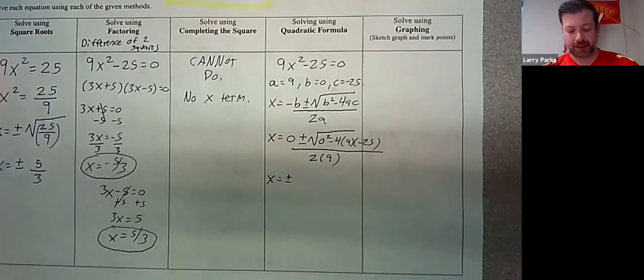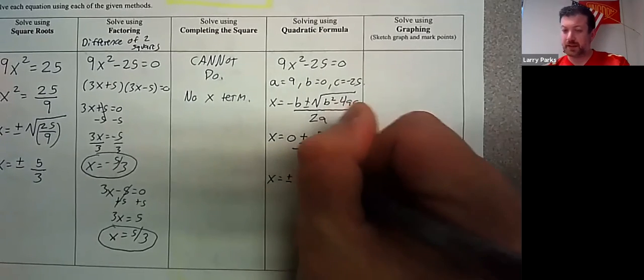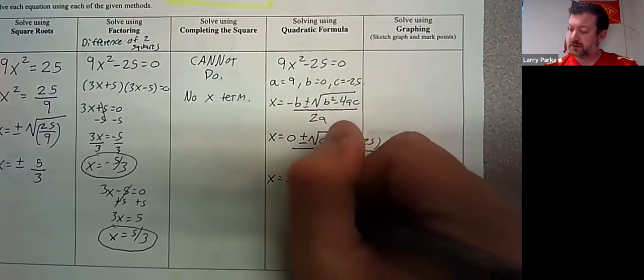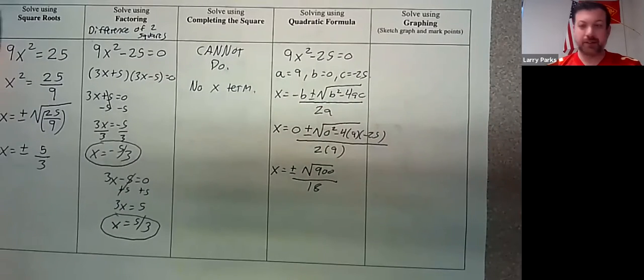When I type in my calculator 0 squared minus 4 times 9 times negative 25, I get positive 900, sorry. And the square root of 900 is 30.